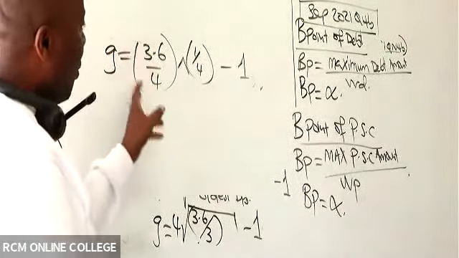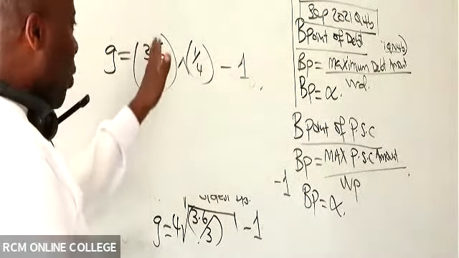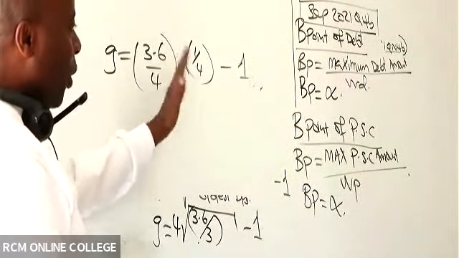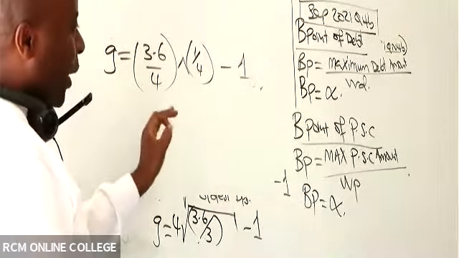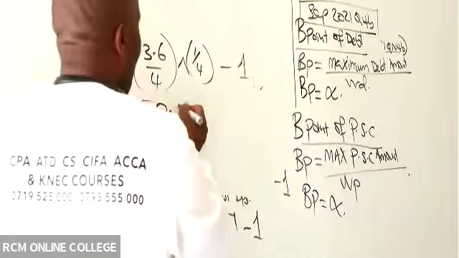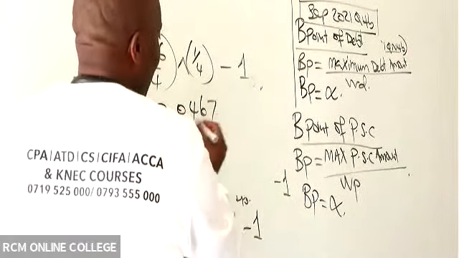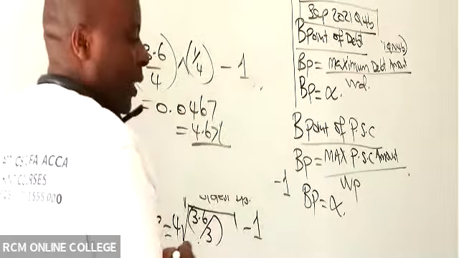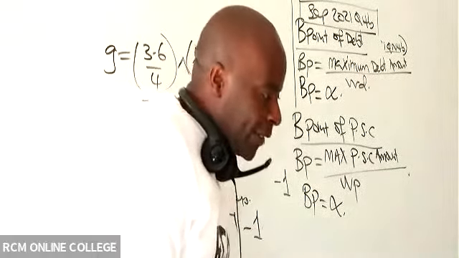So I'll say open brackets, 3.6 divided by 4, close brackets. You say raised to, open brackets, 1/4, you close. And then whatever answer you get, you subtract 1, which will give you, ladies and gentlemen, 0.0467, which is the same as 4.67 what here? Percent, which is the same as 4.67%.